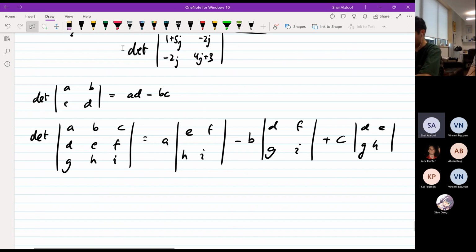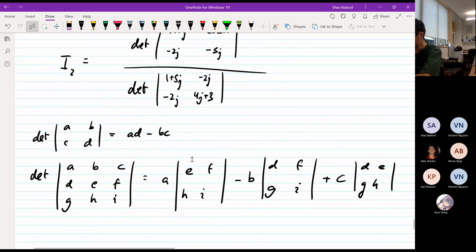But that's how to do it for a 3x3 matrix. And of course, you will still need to calculate these smaller determinants, which you can do via this equation.